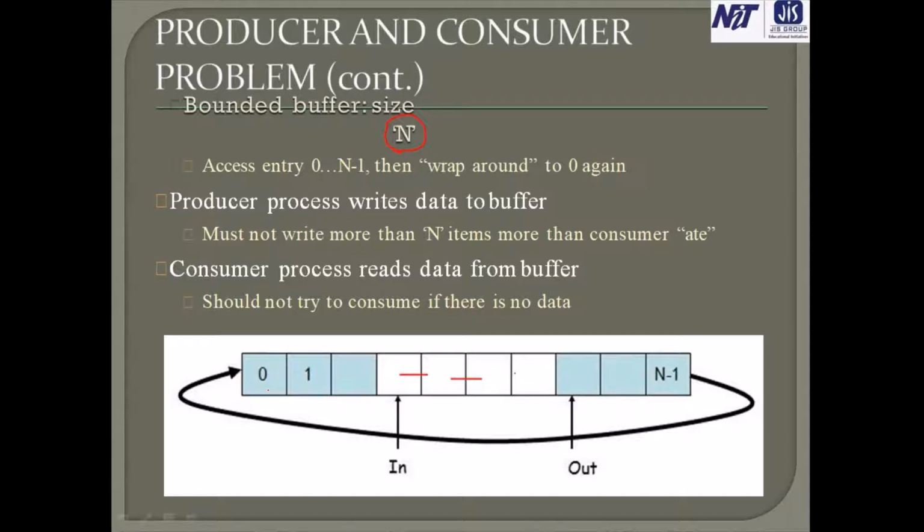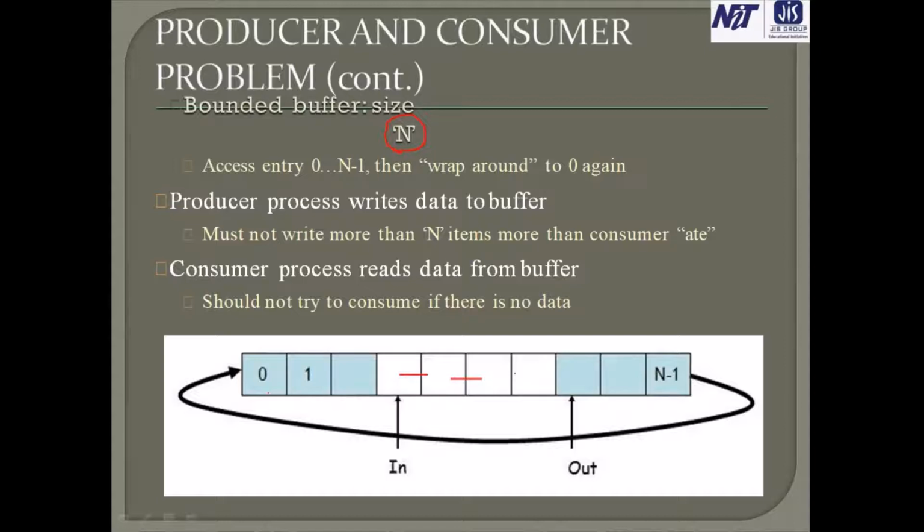Then we wrap around after n minus 1, and the next data will be produced at the start, so it is a circular queue. The producer writes data to the buffer, so it must not write more than n items. Suppose a producer wants to put data one by one, it can't produce more than n items.